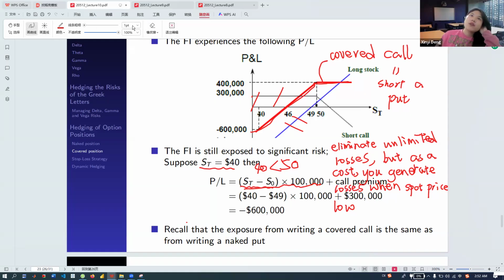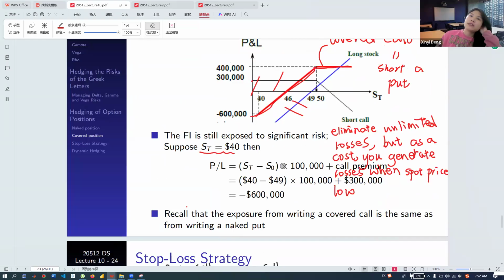So for the first term, the profit and losses associated with the spot, we just use 40 minus 49, where 49 is the spot price at the beginning, times the number of shares, which is 100,000.